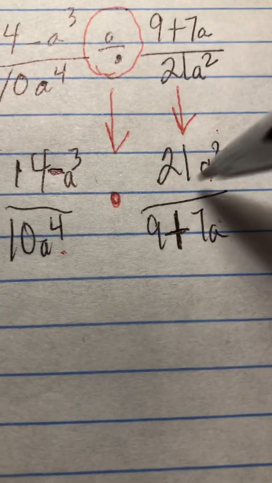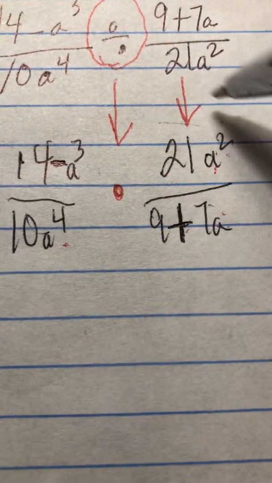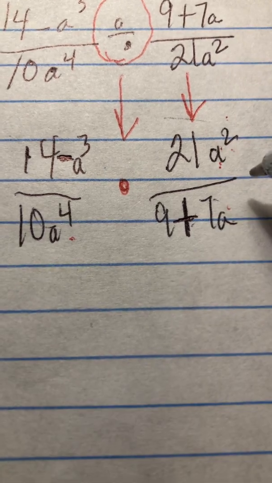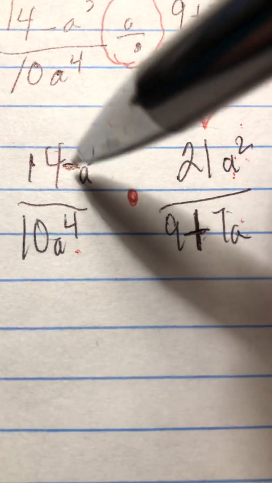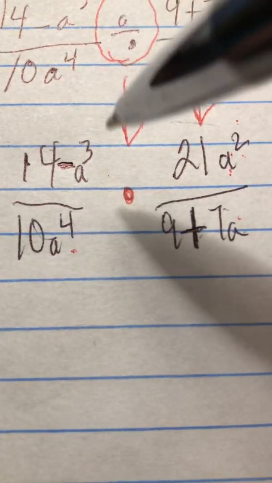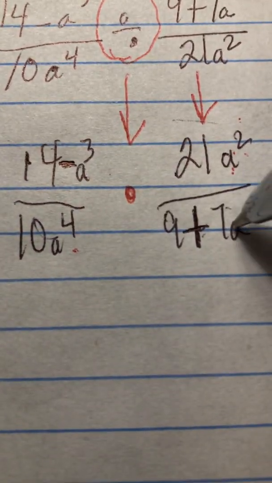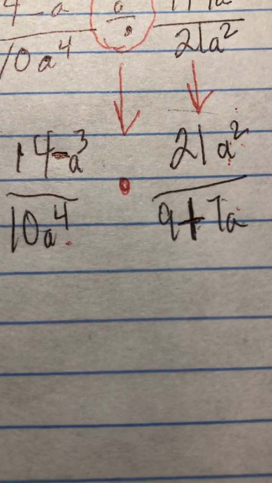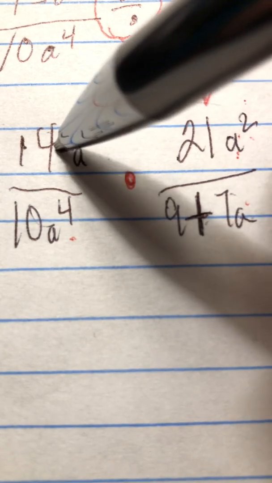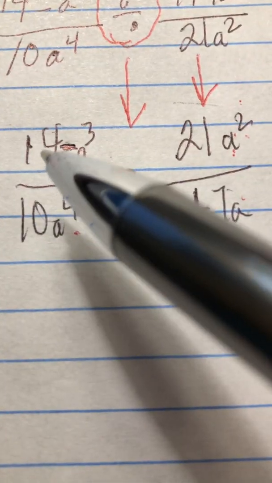So since there isn't a 9 plus 7a up here, I can't cancel that out. And the same thing here, there's an a, you would think you could pull that out, but you can't, because it's part of a subtraction problem here. And so we'd have to get rid of this whole thing.